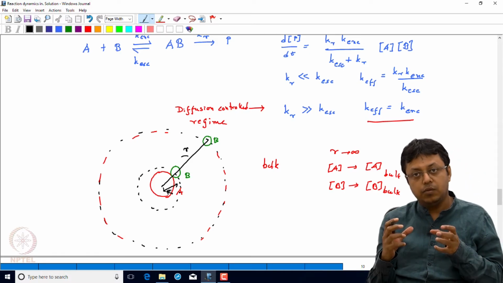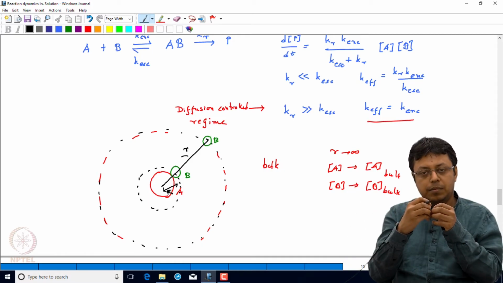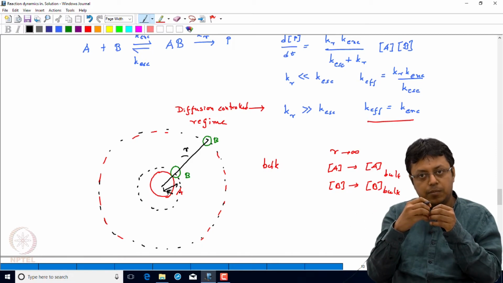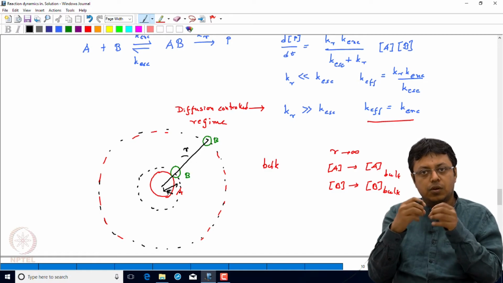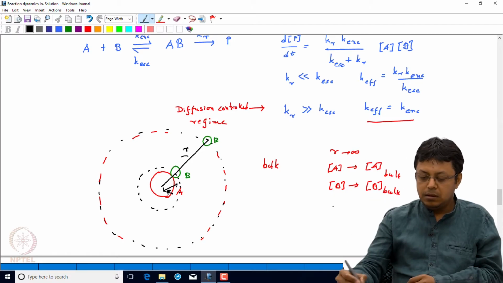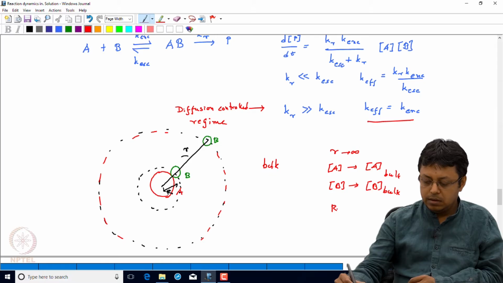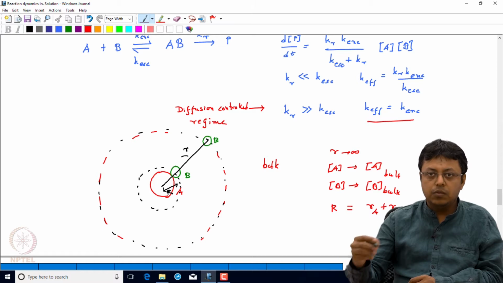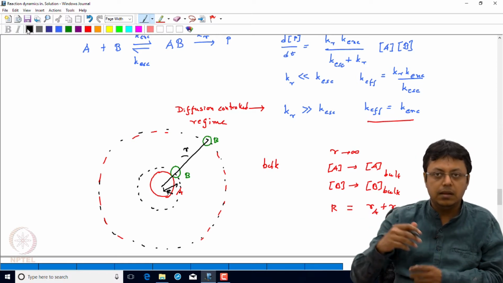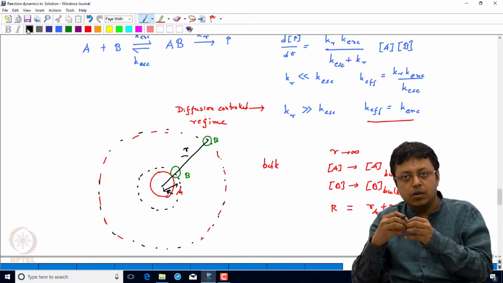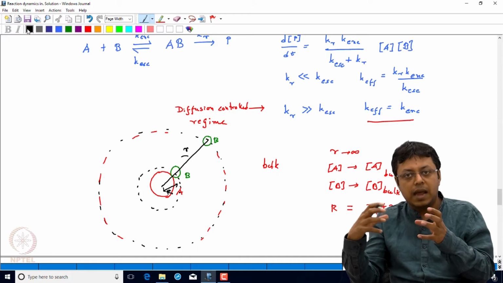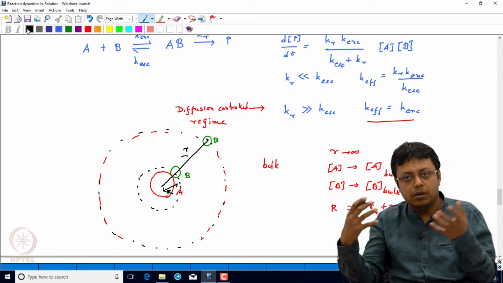All I have to calculate is the local concentration and flux at that point, because at that point these two species are basically touching each other. So capital R is basically the radius of A plus radius of B. That we have already discussed in many situations, like when we talked about the excluded volume in the Van der Waals equation, or the reaction in gas phase, or when we derived the mean free path or collision in gas phase.